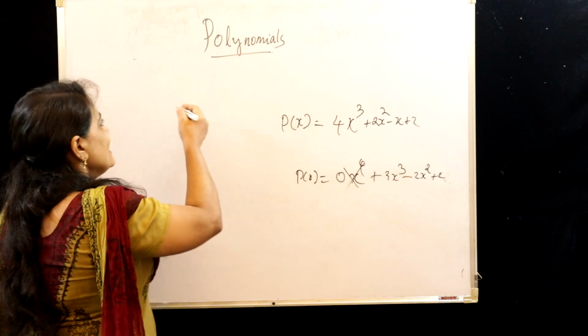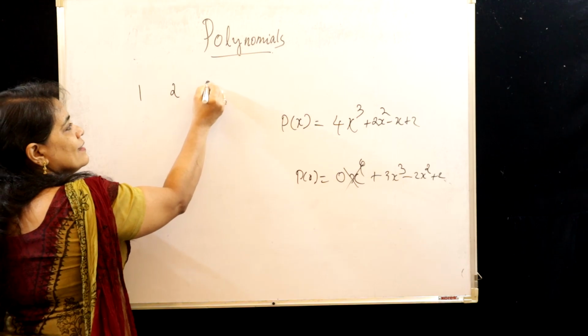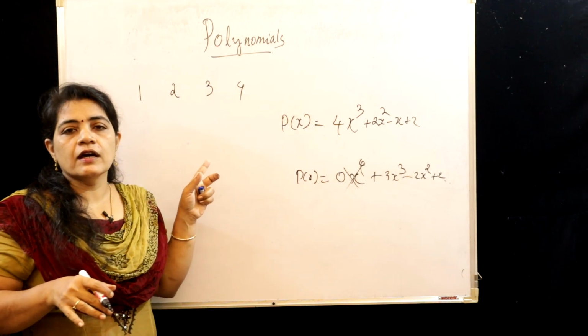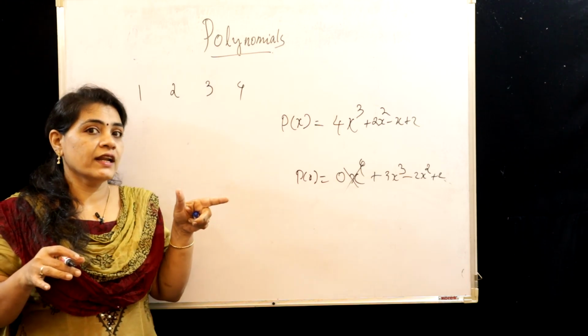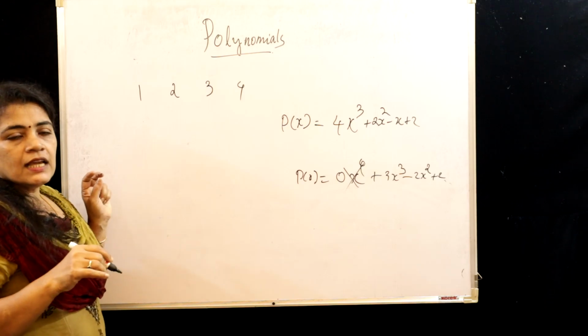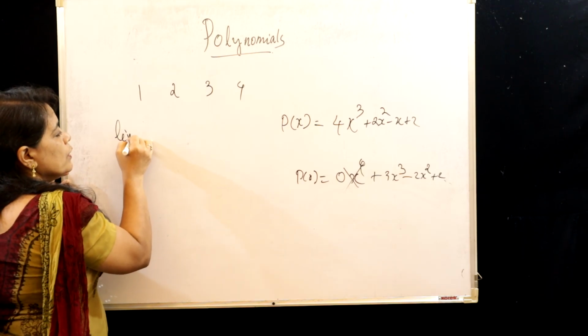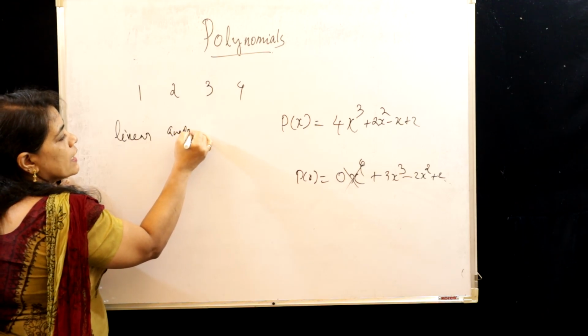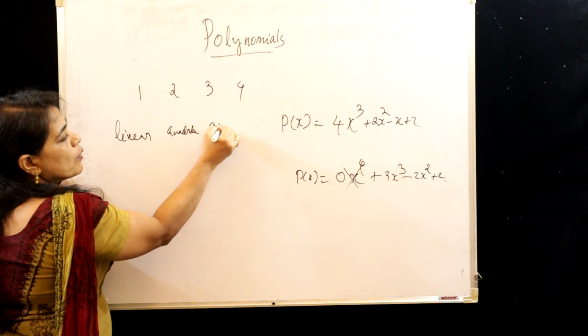After that we have different types of polynomial, that means degree 1, degree 2, degree 3 and sometimes degree 4. But this year we are concentrating only on quadratic polynomials. A polynomial of degree 1 is called a linear polynomial, then quadratic polynomial, cubic polynomial.